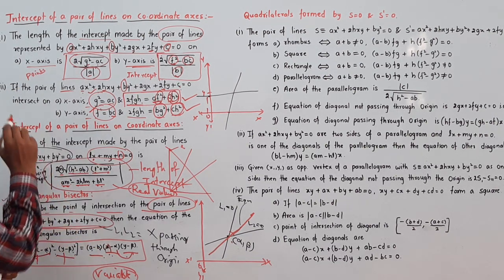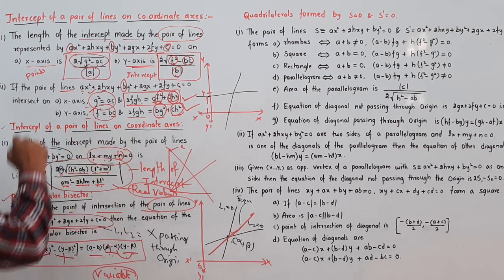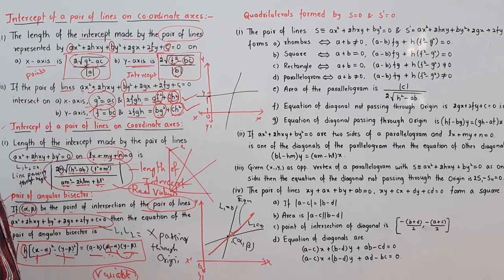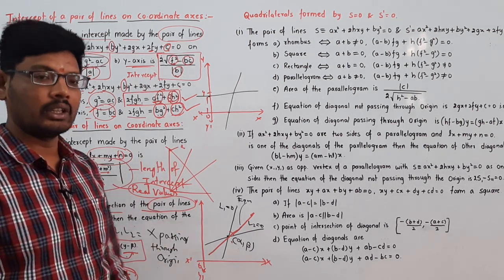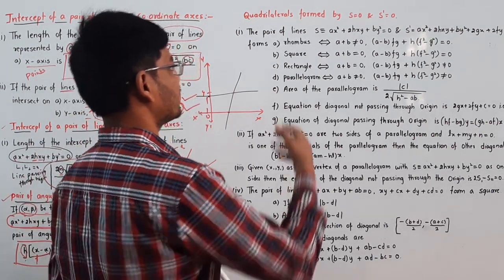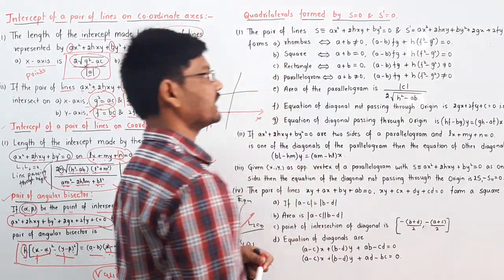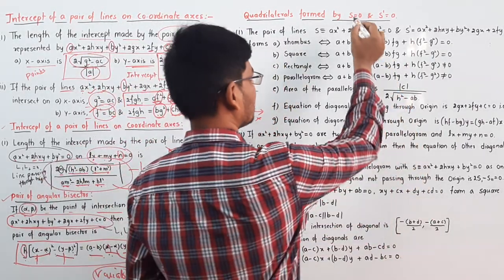The previous topic was the length of intercept of a pair of lines on the coordinate axes. This is all about pairs of straight lines here. And the next topic is quadrilaterals formed by the pairs of straight lines S is equal to 0 and S dash is equal to 0.